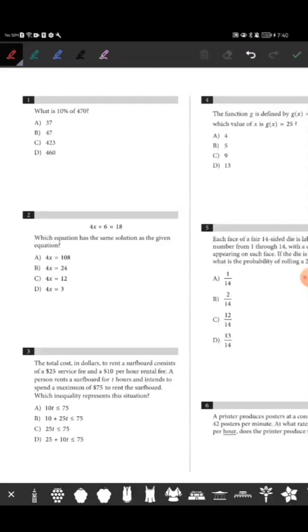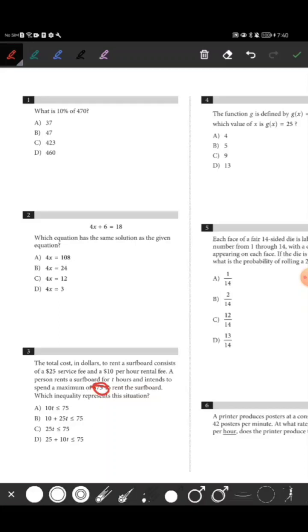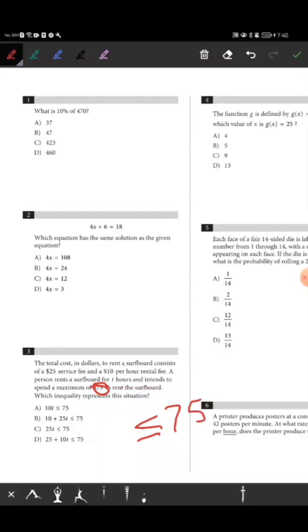So the maximum price he wants to spend is $75, so we're going to make it less than or equal to 75. The rental consists of a $25 service fee and a $10 per hour rental fee.